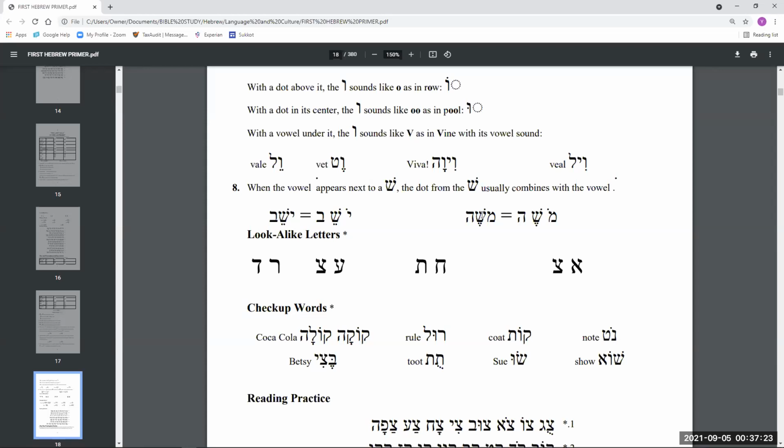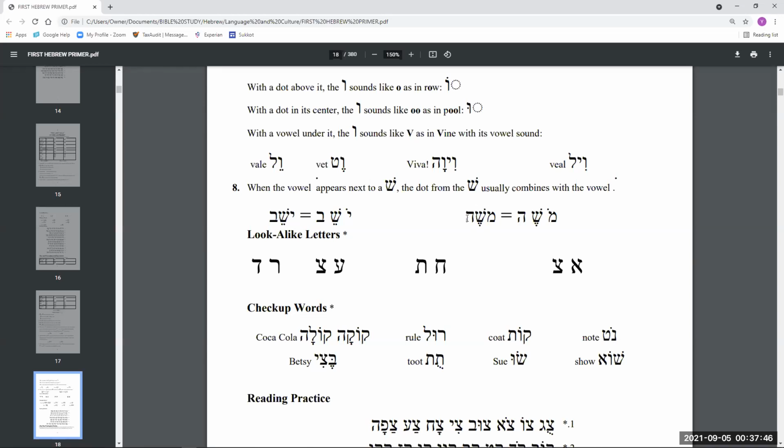And then we see here on that next example where we got the mem and the shin and the hey, right? And so that consonant right there, because it precedes the shin, usually that consonant is going to take that cholam sound from the shin.